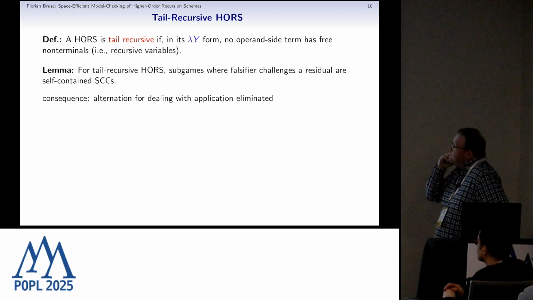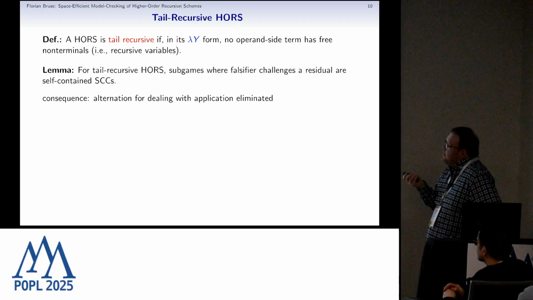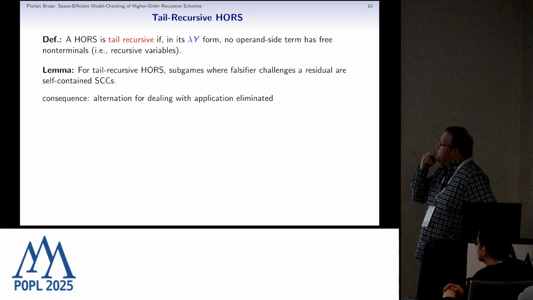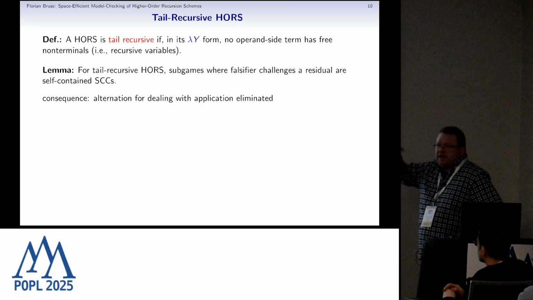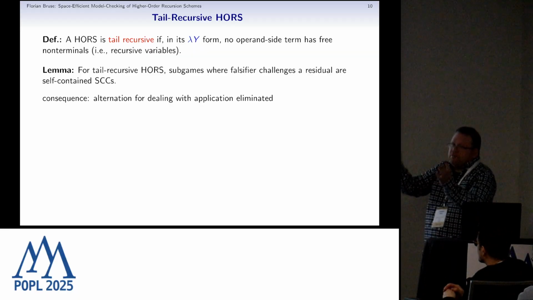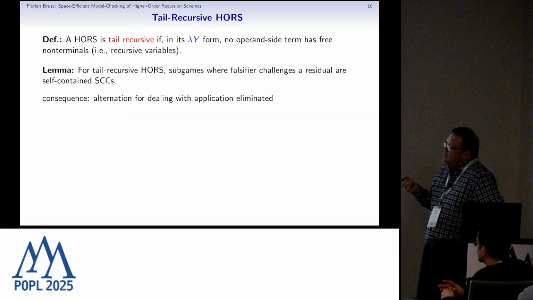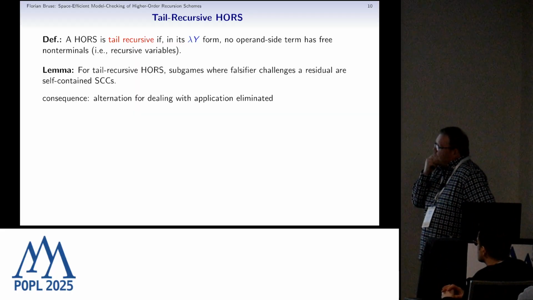And then you can prove that for such recursion schemes, the subgames where the falsifier generates a residual are really self-contained and you can basically solve them individually on their own without having to go back to the other game. So this would eliminate one source of alternation in the problem.